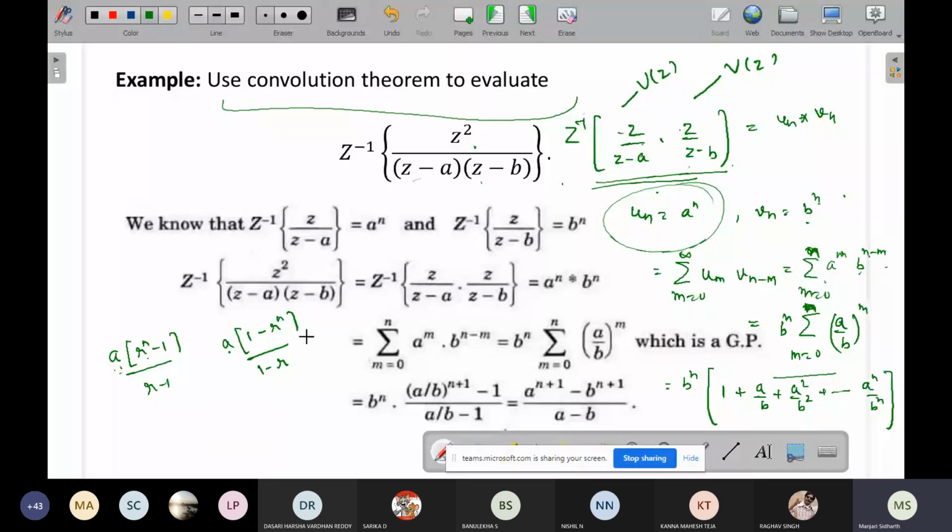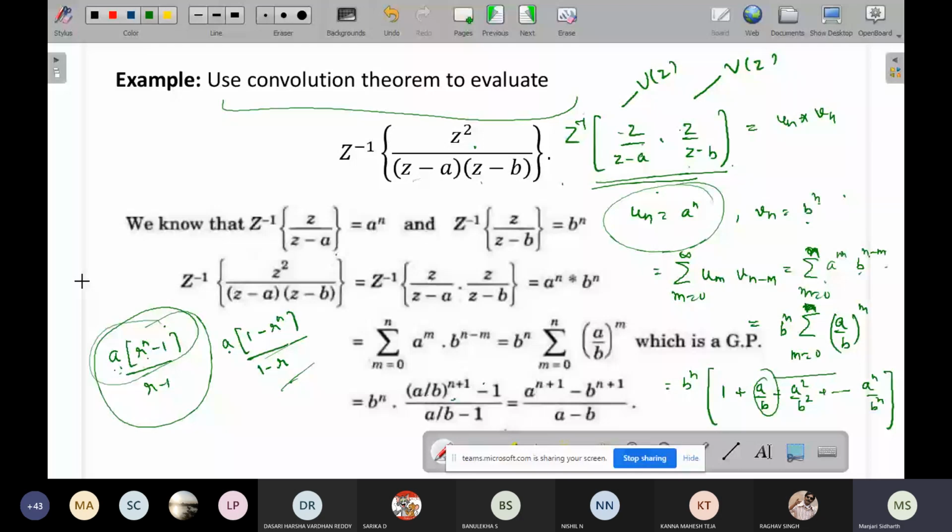Now here the common ratio is a by b. Since nothing is mentioned about whether it is greater or less than 1, and a and b are integers, positive but possibly negative, generally if nothing is mentioned use either formula; both are the same. This is the formula for the sum of n terms.